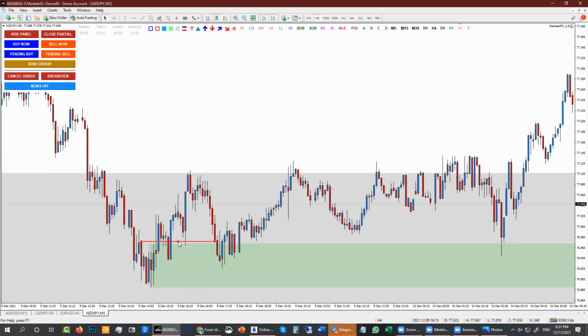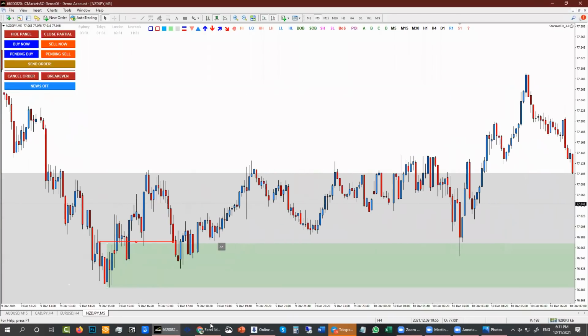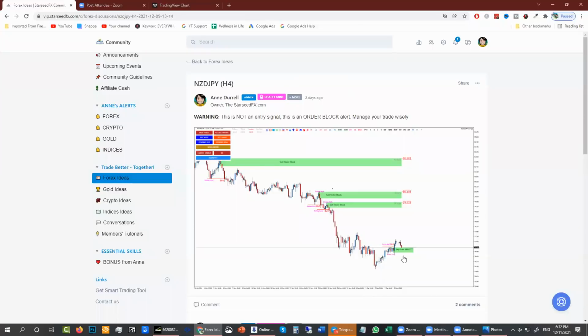So I sometimes can see both H4, M15, but it doesn't have to be more monitors. Even sometimes you can just go back and forth, right? Back and forth on the New Zealand, Japan. We only have 1 hour. We only have 1 alert here.